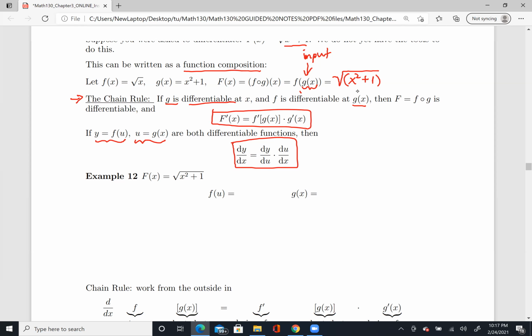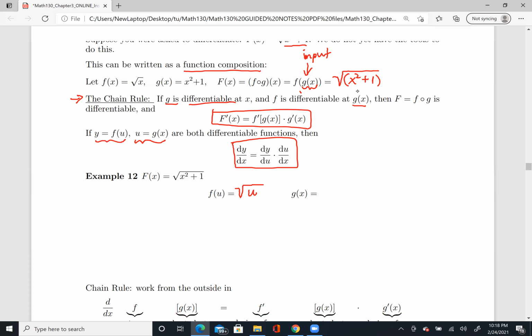Okay. So I have capital F of x equal to the square root of x squared plus 1. Here, I'm going to let f of u be the outer function, which is the square root of u.